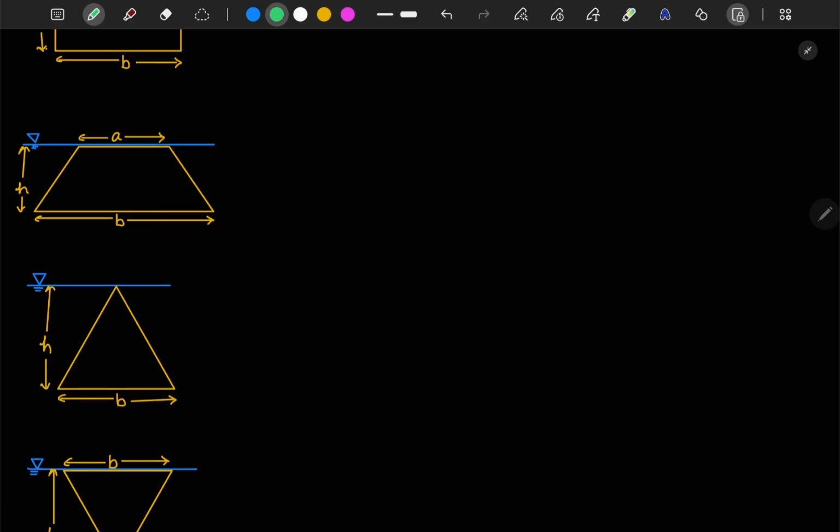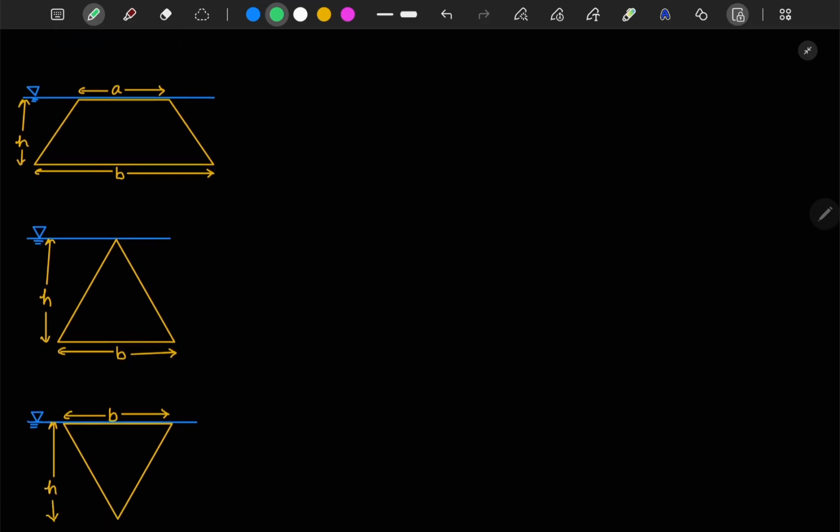If we talk about a trapezium, the area is half into the sum of the two parallel sides, a plus b, times h.